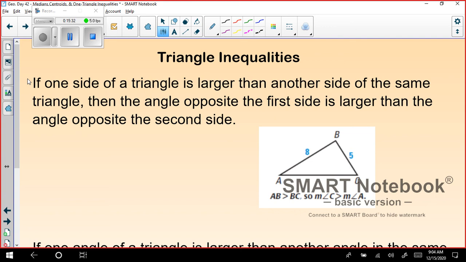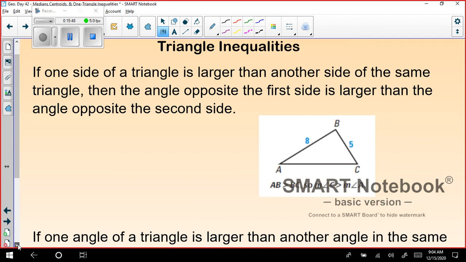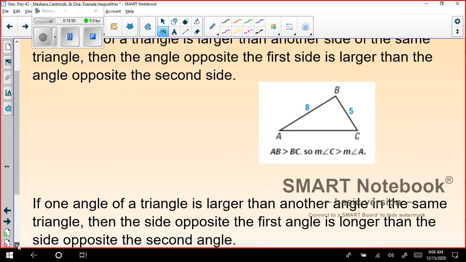If one side of a triangle is larger than the other side of the same triangle, then the angle opposite to the first side is larger than the angle opposite to the second side. What does that mean? Okay, here I have this particular side AB which is greater than BC.